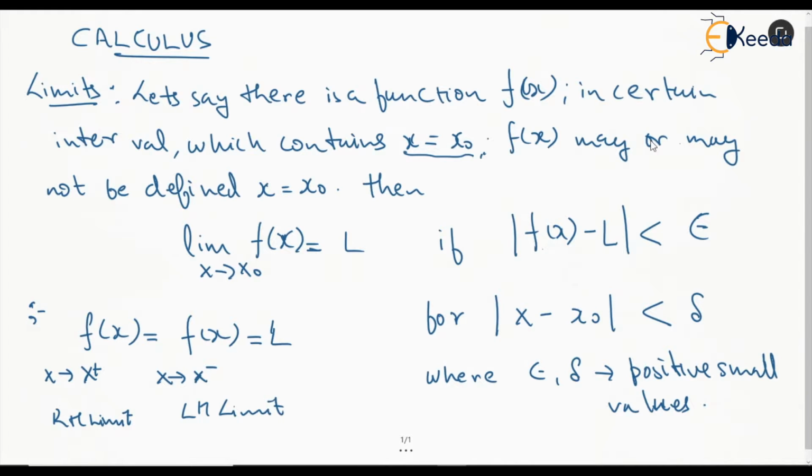This means, in short, when x is approaching x naught, that means the absolute difference between them is very small, the function should be approaching a constant L. And for this it is necessary that the right hand limit and the left hand limit are same and equal to that value L. So we can also understand this in terms of graph.